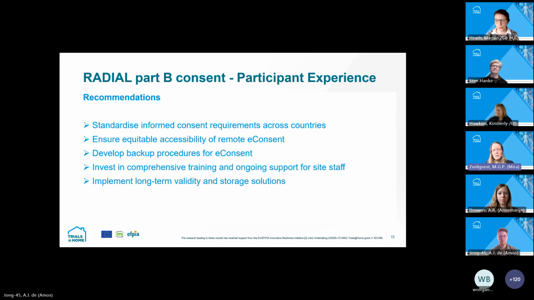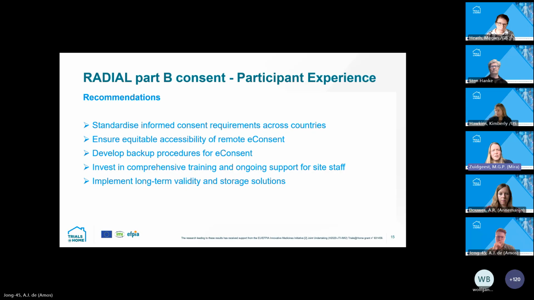As I already mentioned, not everyone may have the documentation to do e-identification. That means also that you may have problems with equitability. Some people may be able to do this, others not. So that's an important learning. Another important learning that stems from that is that you need to develop backup procedures for e-consent.